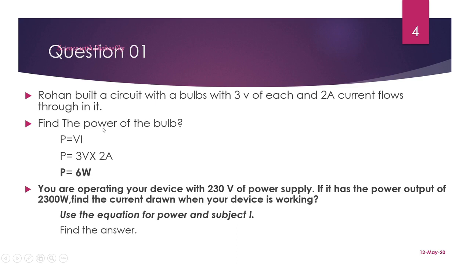We have to calculate P. They have mentioned 3 volt for the bulb and 2 amperes of current. So V is equal to 3 and the current used for work done by this bulb is 2 amperes.